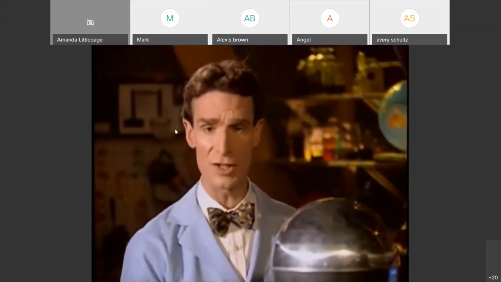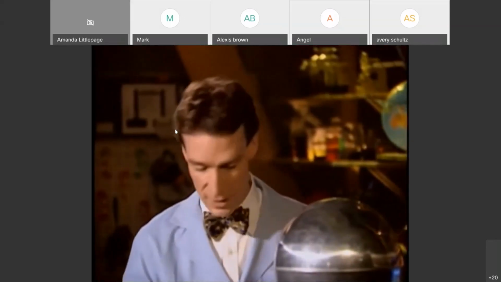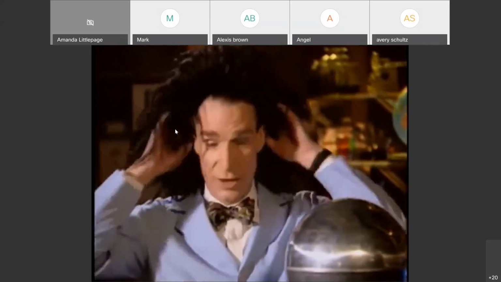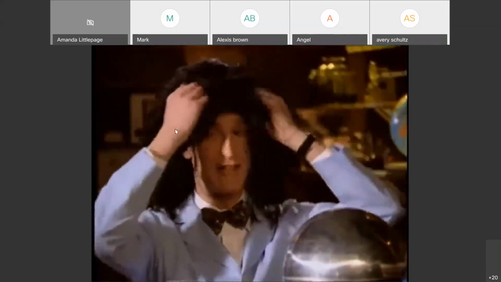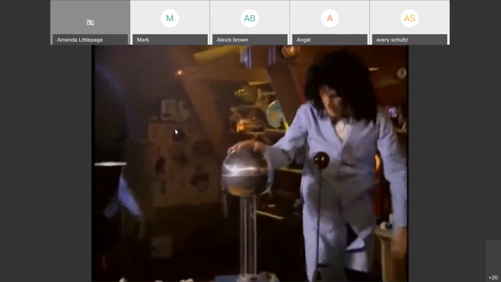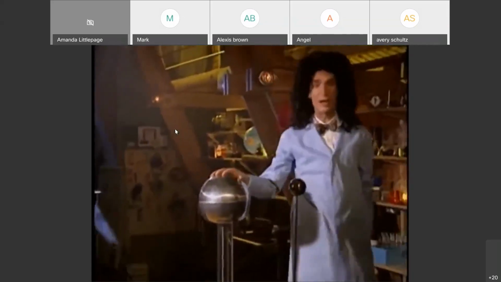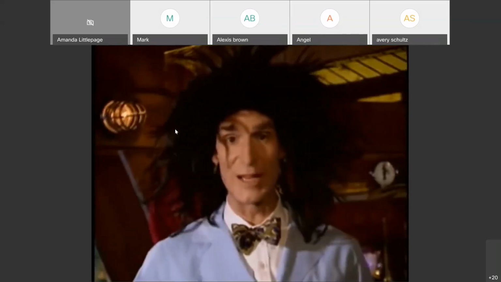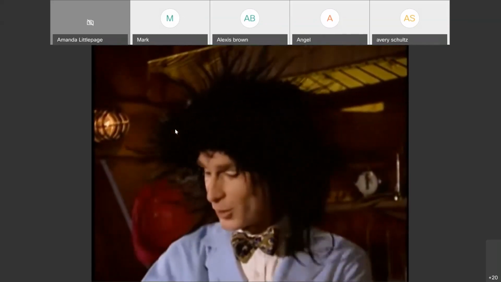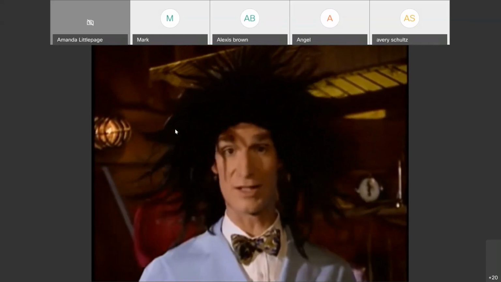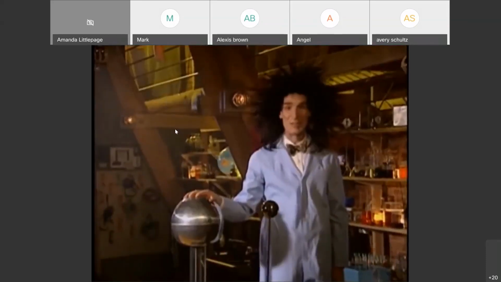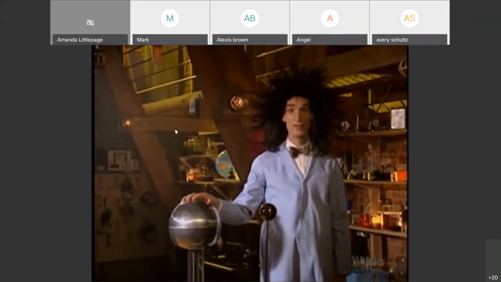Now, since this next part of the demonstration rocks, I'm gonna put on my rocker wig of science. Yeah! Now, start the rubber belt turning. Electrical charges are being deposited on the metal ball. They're running through my arm and being deposited in me. And look, it's building up in my rocker wig of science.